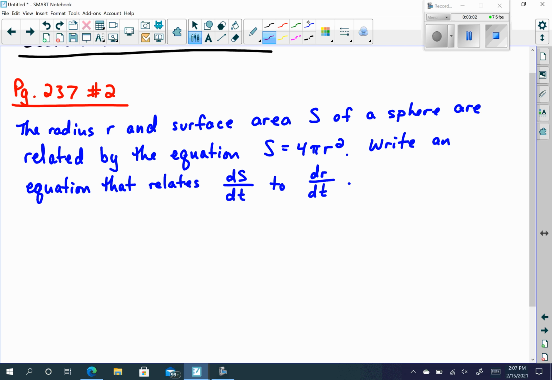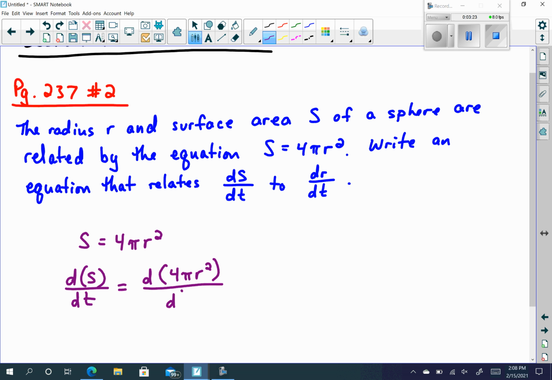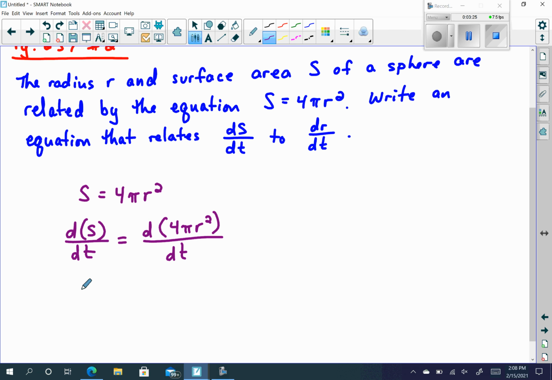So I'm going to start with my equation, s is equal to 4 pi r squared. And then I simply take the derivative of each side. So the derivative of s with respect to time, there is where my ds over dt shows up. And then over here, I'm going to take the derivative of 4 pi r squared, again with respect to time. So this ds over dt, I simply just leave it without the parentheses.